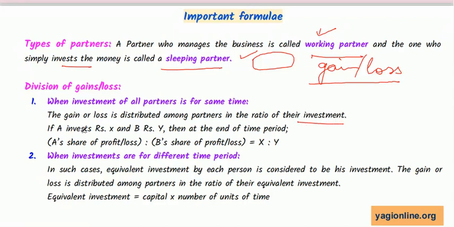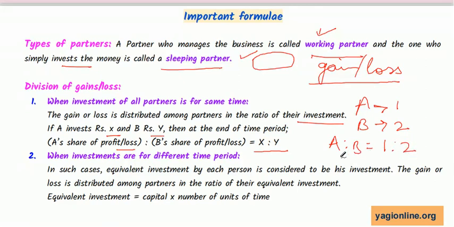Say for example, A invests rupees X, B invests rupees Y. So at the end of the time period, say 1 year, A's share of profit or loss is to B's share of profit or loss will be X is to Y. Let's say in simple words, A invests rupee 1, B invests rupee 2. So what is the ratio of their investment? The ratio of investment A is to B is equal to 1 is to 2.